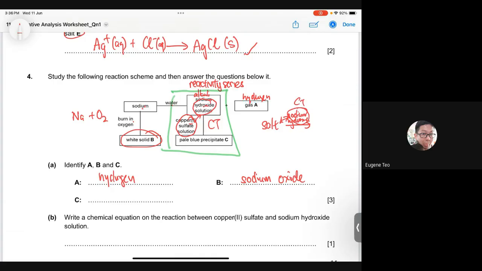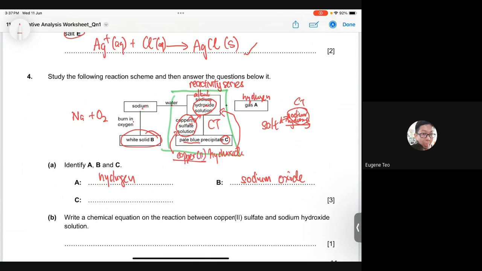So what is this particular cation test? Add sodium hydroxide, so I'm going to see what precipitate is formed. I got pale blue precipitate. Now, you know whenever you have a cation test, you always get some hydroxide. The hydroxide comes from the sodium hydroxide, and the cation comes from over here, so in this case it will be the copper 2 in the copper 2 sulfate.